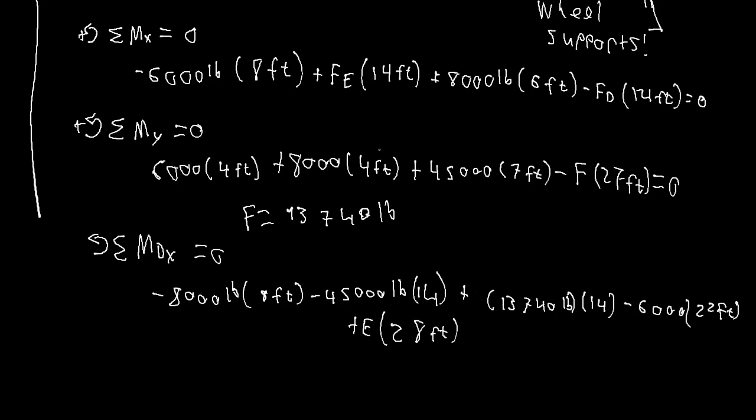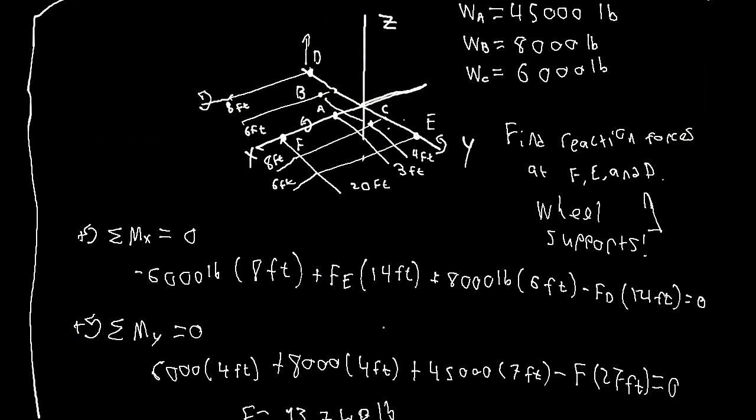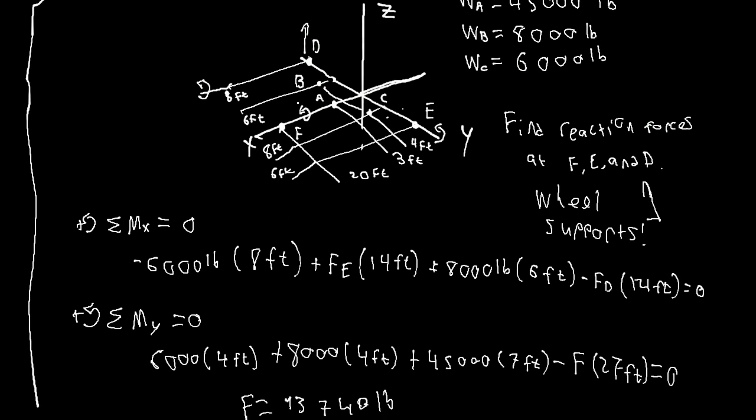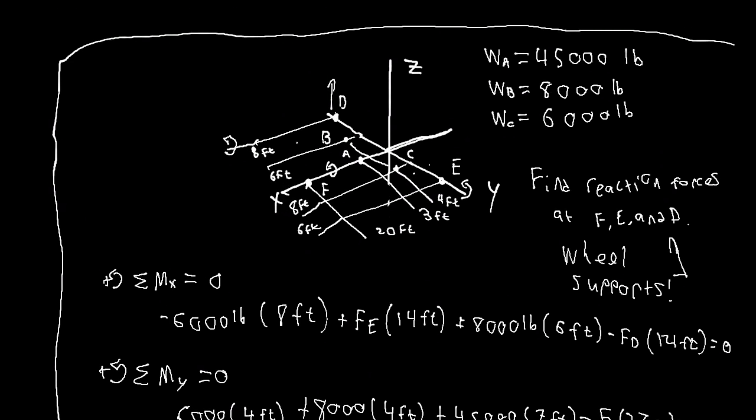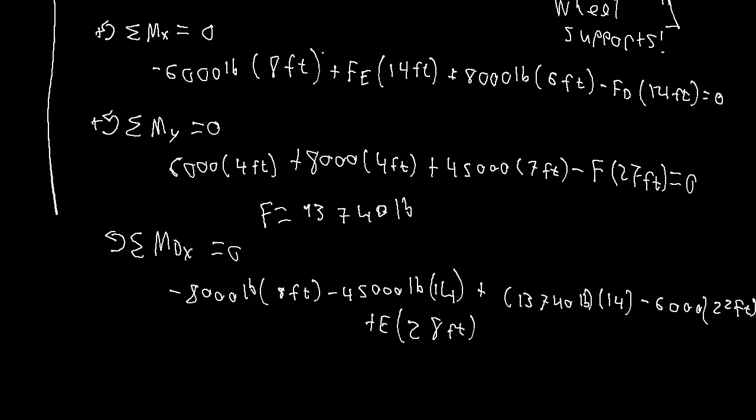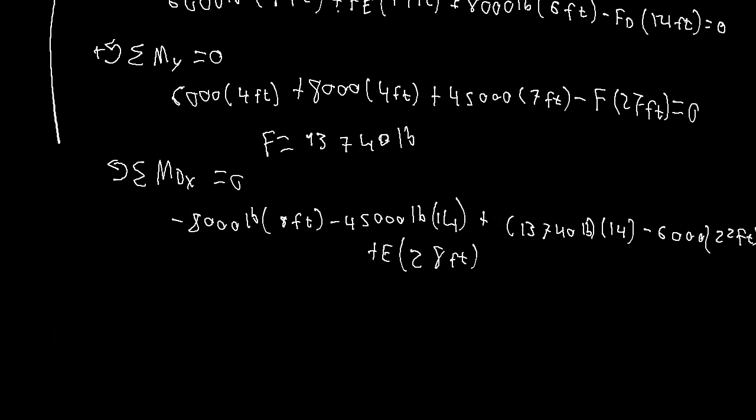So, if you don't understand where these numbers and distances are coming from, try to go through this diagram and figure out where they're coming from. Think about it like E, that's at 28 feet, well that's 8 plus 6 plus 8 plus 6. And you get all those distances. It's good to know where those come from so that when you're actually doing them you have some clue as to what's going on.